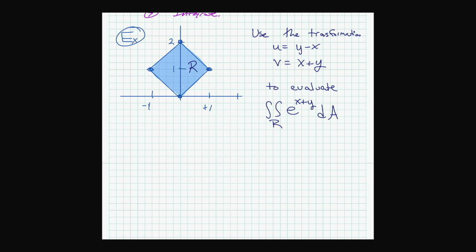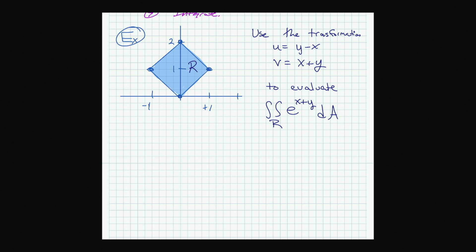Now, the reason you would want to use a change of variables here is because if you don't, you have to do two integrals, because the top curve on the left half is different than the top curve on the right half. So you'd have to do one integral for the left part, one for the right part.